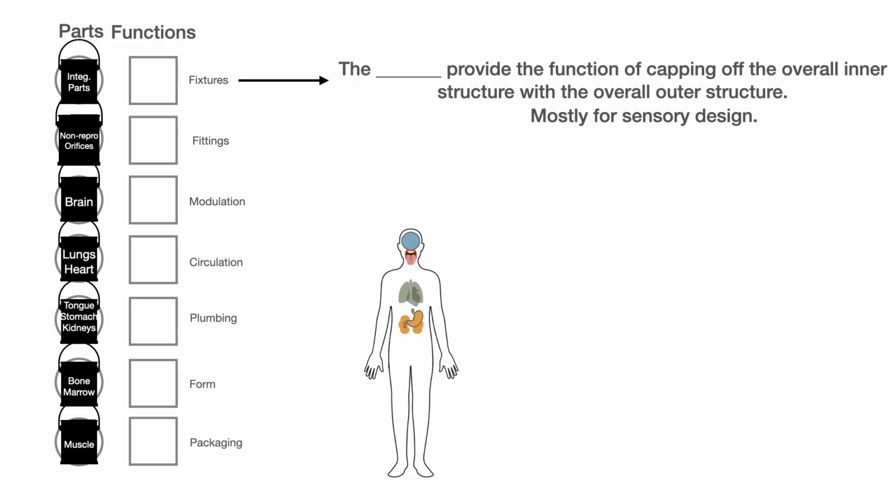And this one more so is capping off the overall inner structure with the overall outer structure, and this is mostly as it regards sensory design. And feel free to present that to someone.